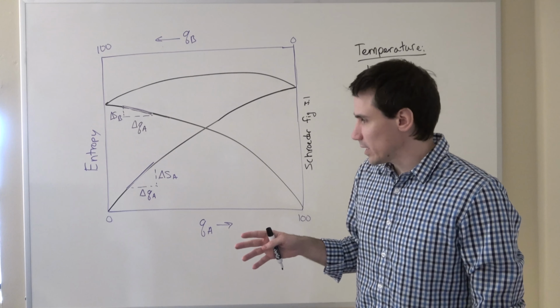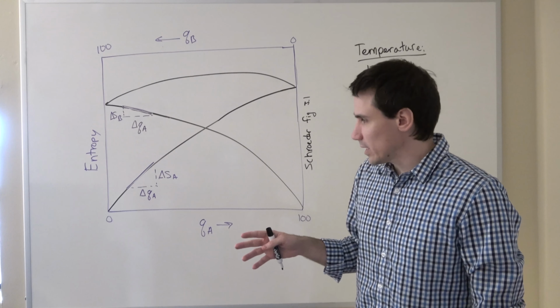And in this graph, we are plotting the entropy of each of these solids and the total. So this represents the entropy of box A, this represents the entropy of box B, and this represents the total entropy of the combined system, where we know that the total entropy is just the sum of the individual entropies.